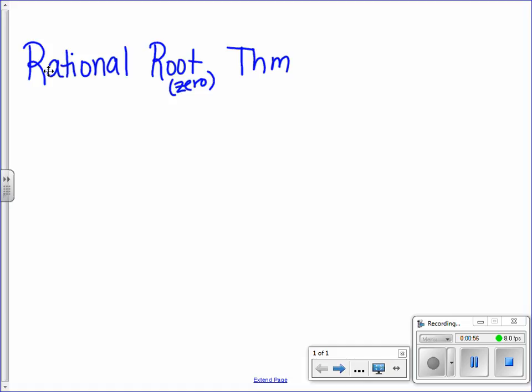And the first one that we're going to look at is the rational root theorem. Now, the rational root theorem in regular English says that all of your roots will be factors of the last number in a ratio to the first number.